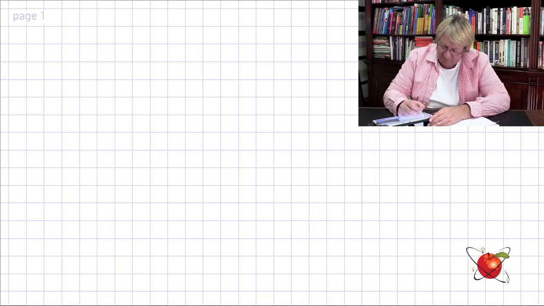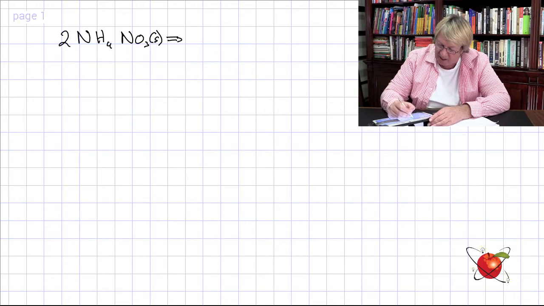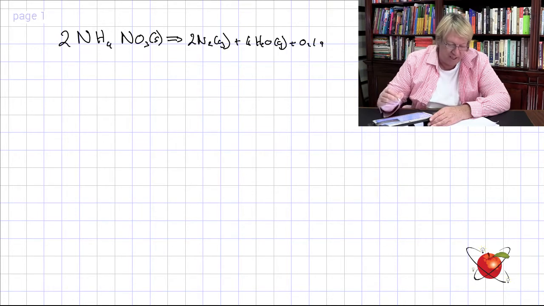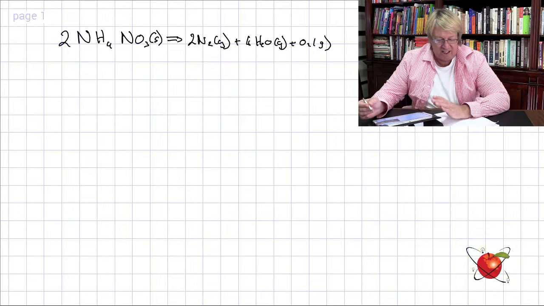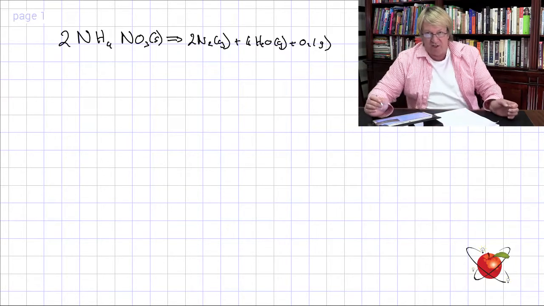First of all, we've got 2NH4NO3, a solid. This decomposes into 2N2 gas plus 4H2O gas plus O2 gas. And all this happens at a temperature of 300 degrees Celsius.